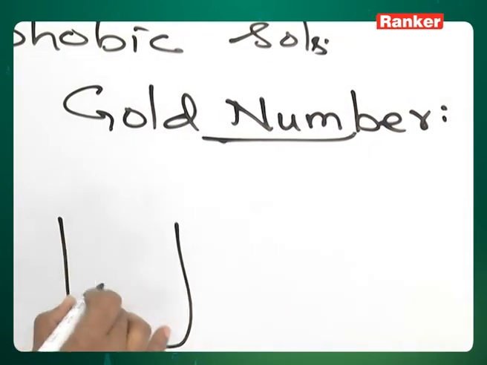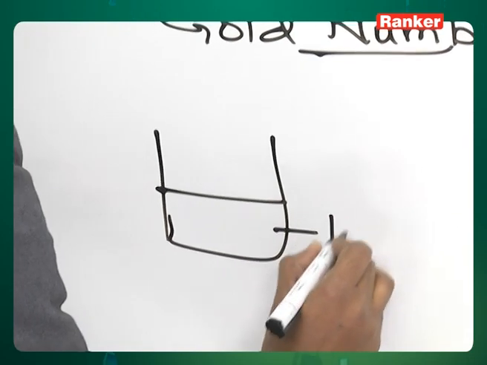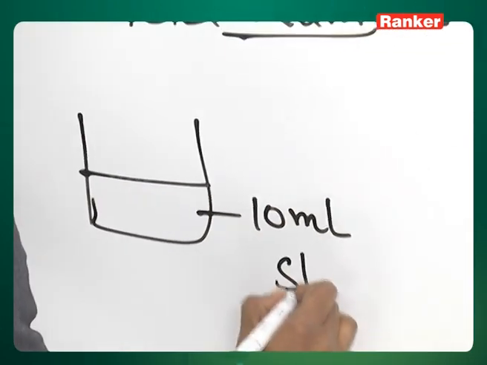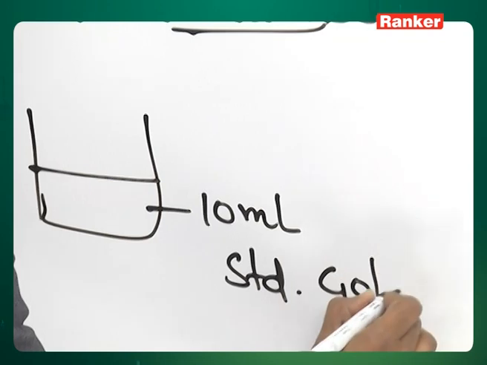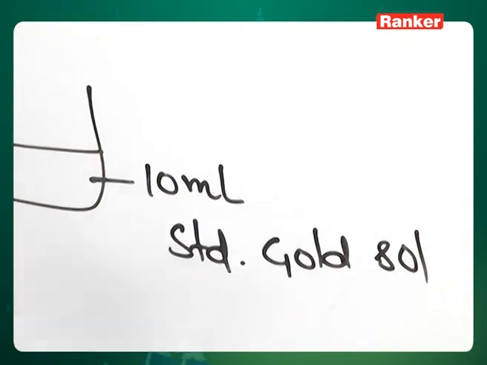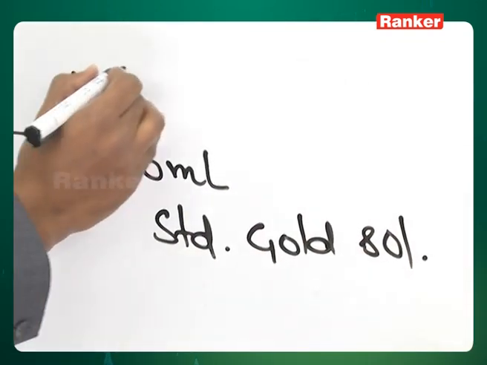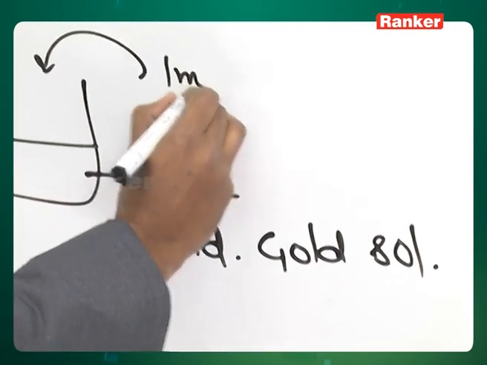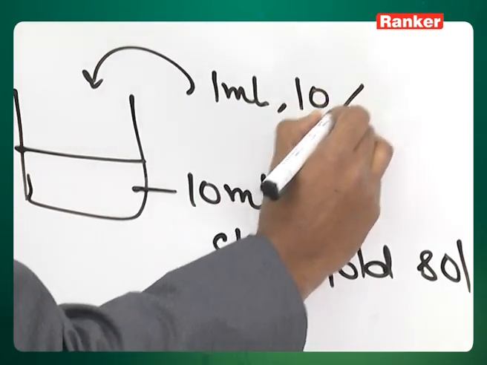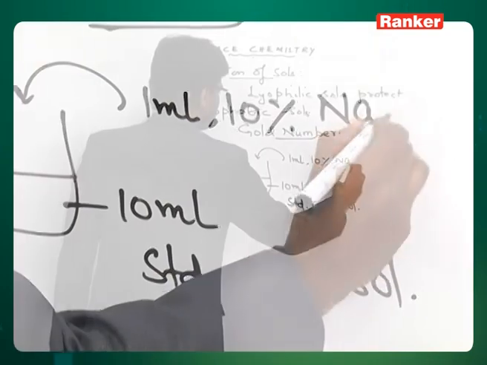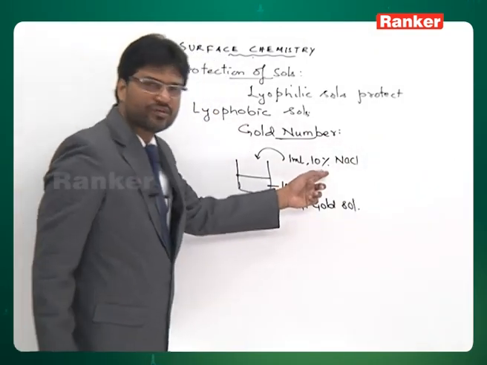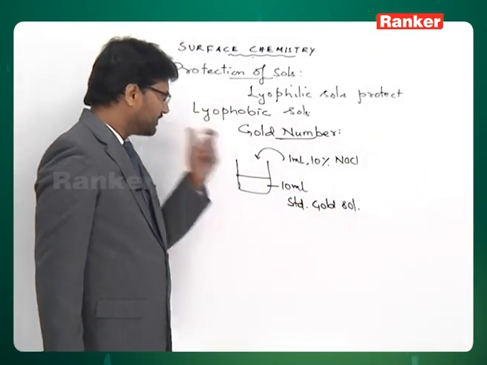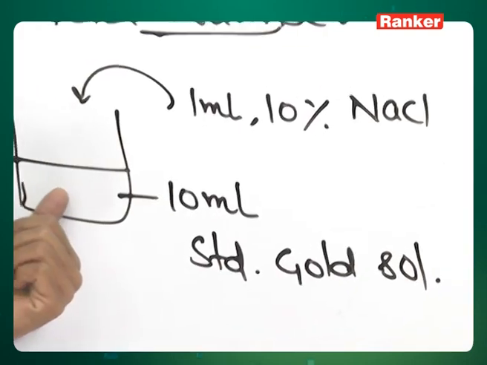Imagine you have a 10 ml standard gold sol. You are going to add 1 ml 10% NaCl. This is the electrolyte you are going to add to gold sol. Now, this electrolyte will cause coagulation of gold sol.